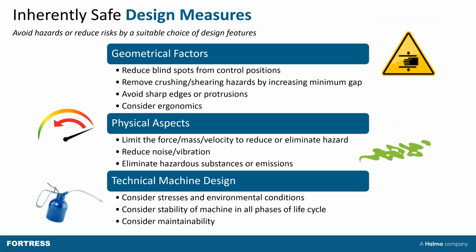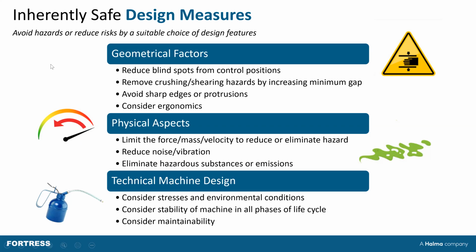Considering maintainability is really important as well. Thinking about if you can oil something from the outside rather than having to go in near the hazard very often to lubricate, things like that. So just a list there of things to consider. How can you inherently reduce that risk?